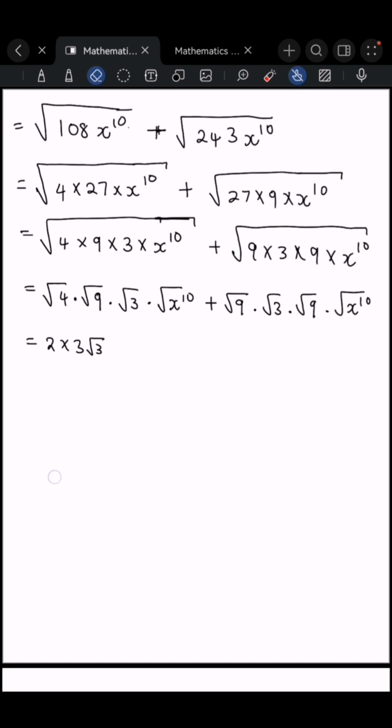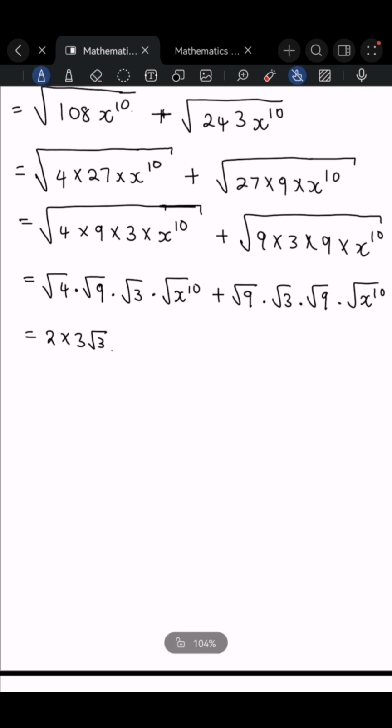The square root of x raised to the power of 10 is going to be equal to x raised to the power of 10 divided by 2, plus the square root of 9, which is 3, times the square root of 3, again x raised to the power of 10 divided by 2.